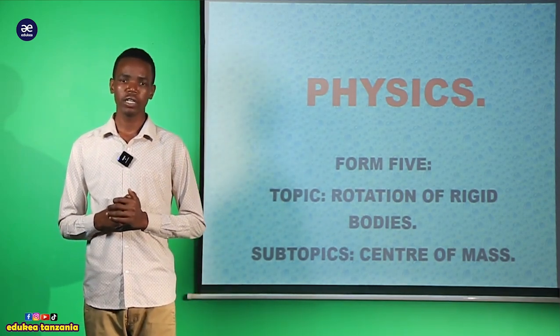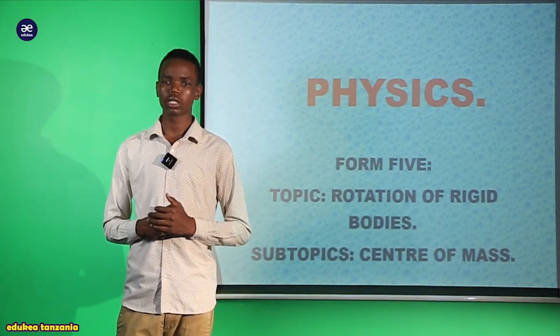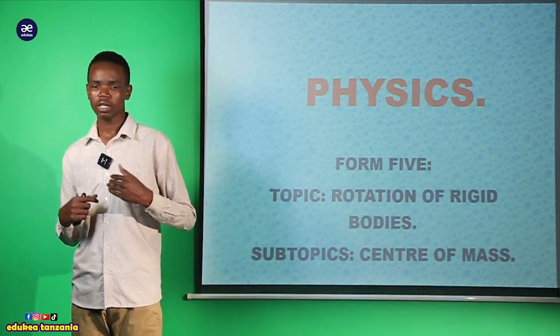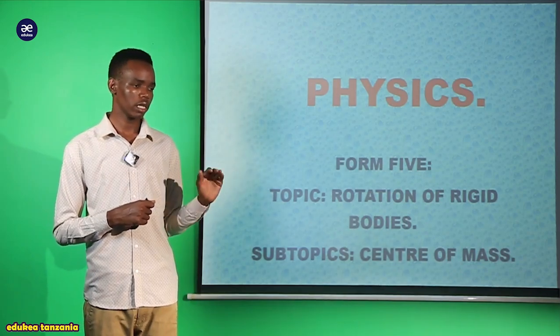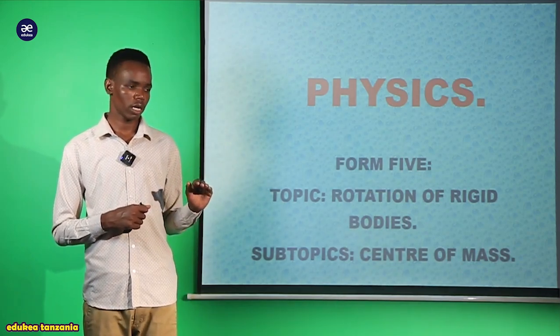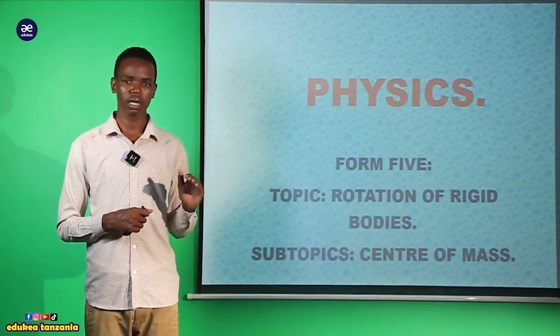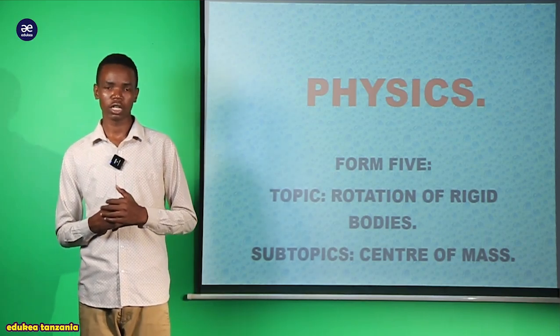In the first session, my dear student, we tried to see the introduction of rotational motion. And finally, we tried to observe the meaning of the rigid body. We said that this rigid body is an object that does not change its shape under the influence of the force, or under the application of the force.